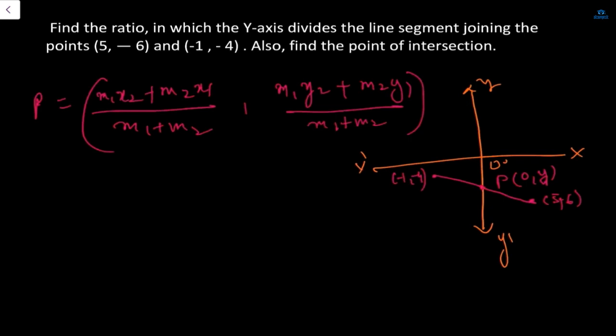Now here it will be 0, y equal to m1. Now we will assume as usual k is to 1.